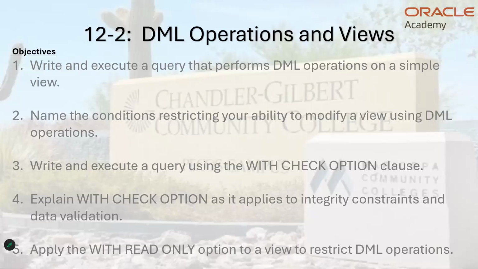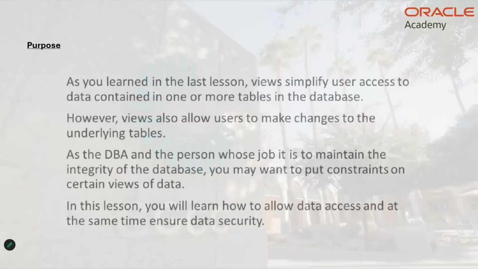Which means you can't run any DML, even though we're talking about DML. So you can't make any changes to the tables. And there's a reason for that. As we learned in the last lesson, a view basically provides access or restricts access using just a view.